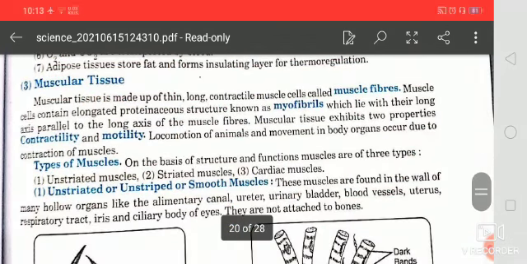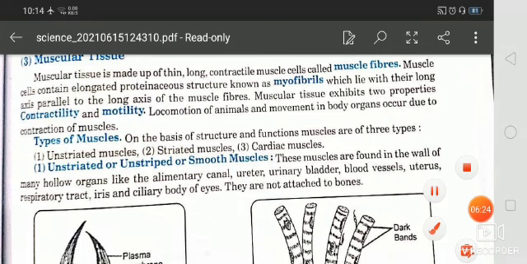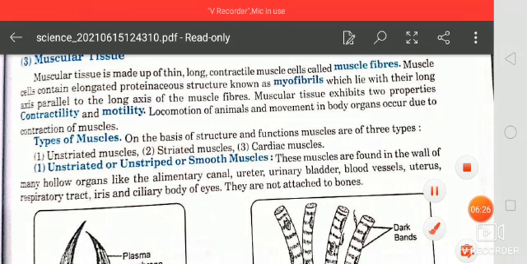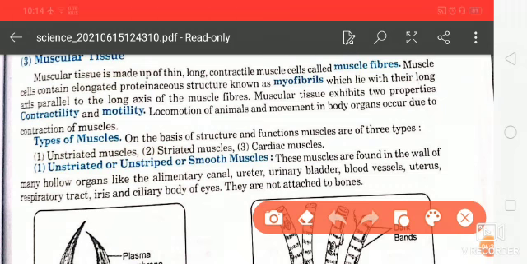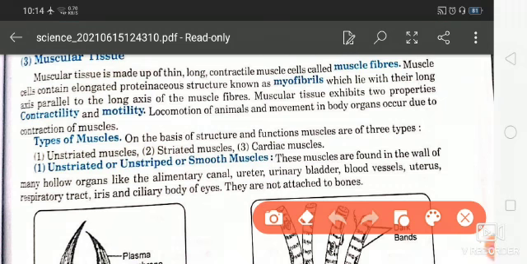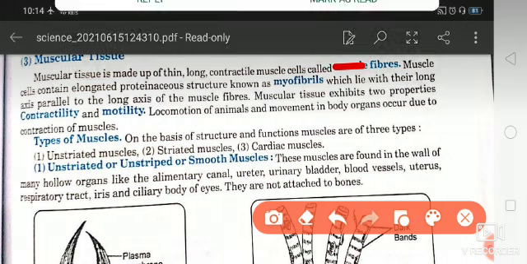Next one is muscular tissue. So you know muscular tissue is made up of thin, long contractile muscle cells that are called muscle fibers.